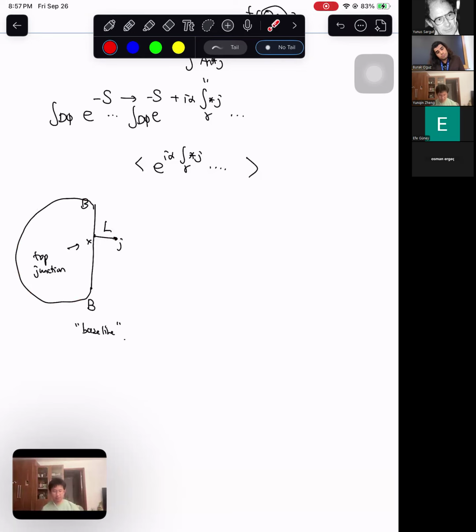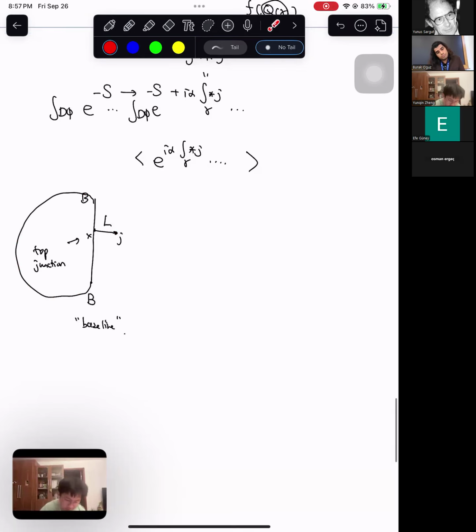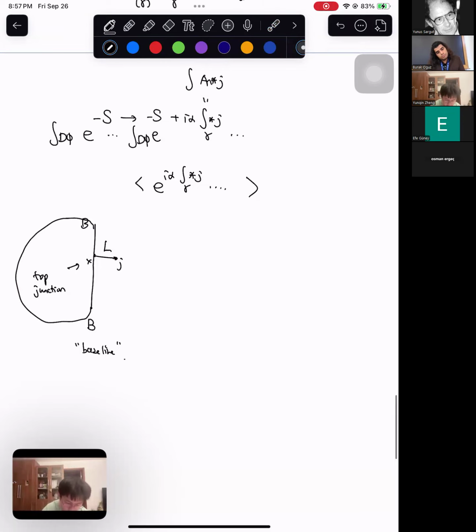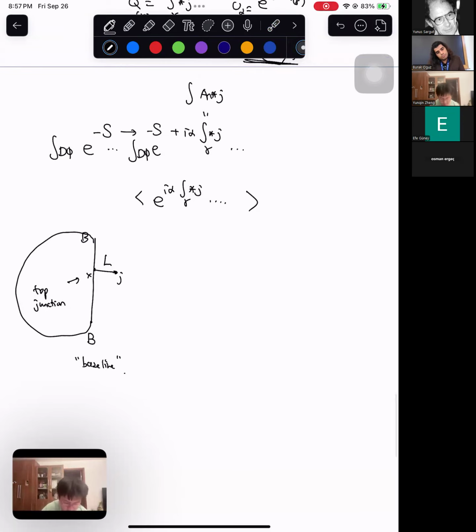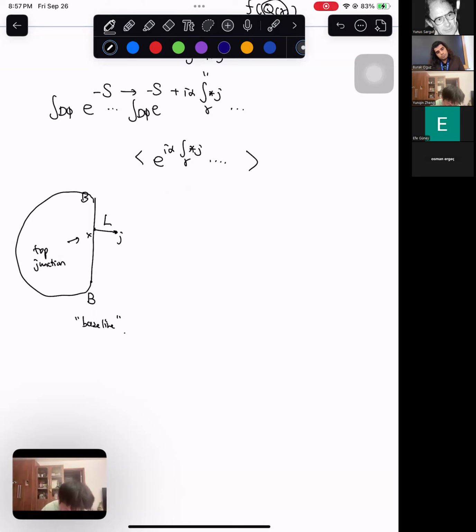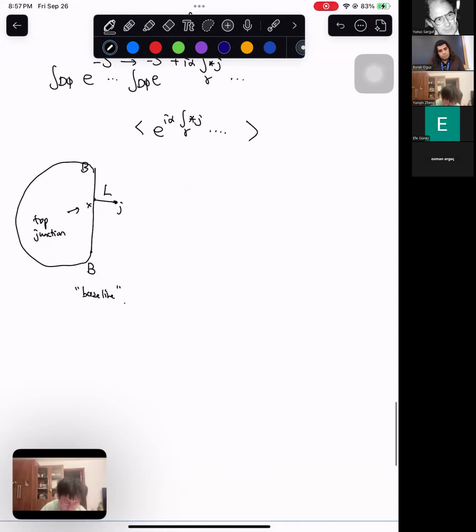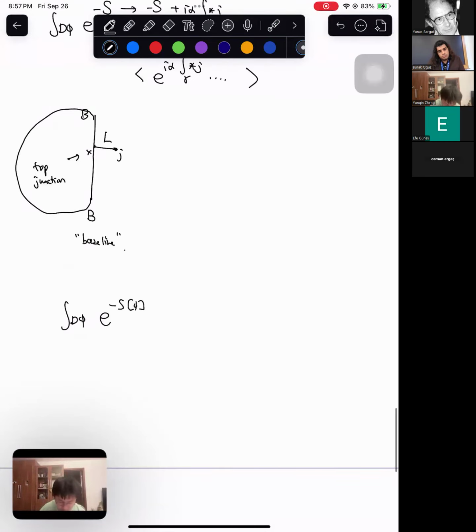Okay, so now it's clear how to construct the topological operator. Basically, in the path integral, you first insert a base loop B, a circle of the base loop.